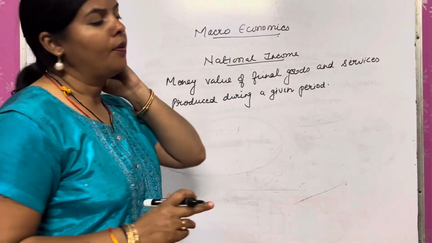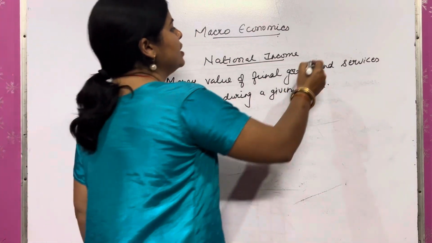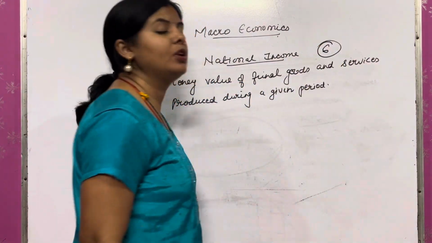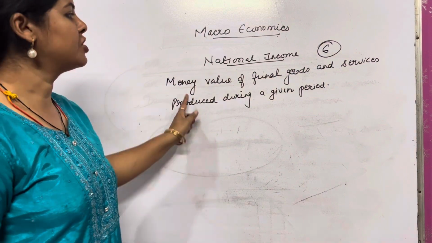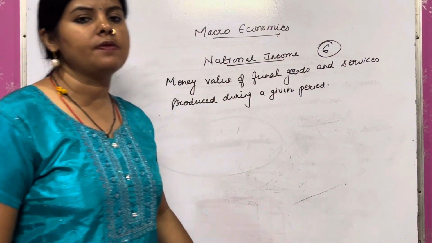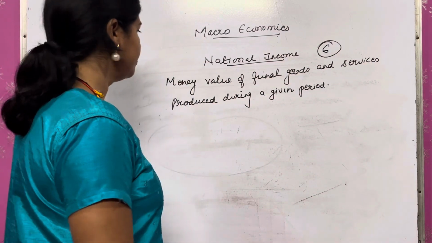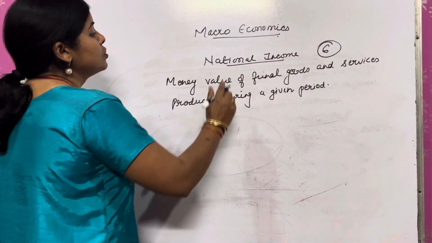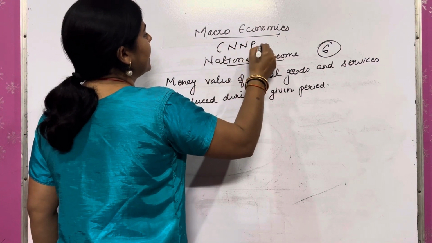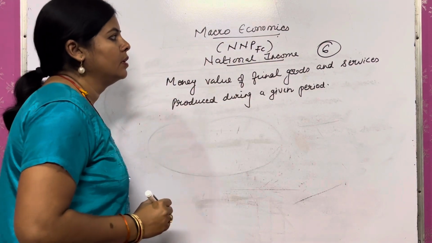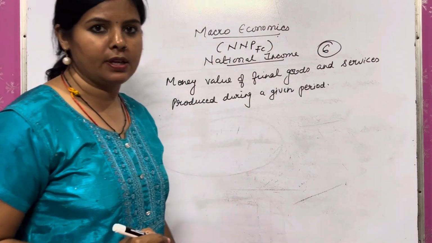One question from this chapter comes in our exam for 6 marks: the calculation of national income. National income is the money value of final goods and services produced within a given period, during an accounting year. National income is also known as NNP at FC.